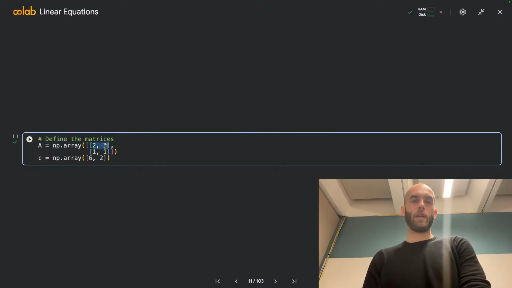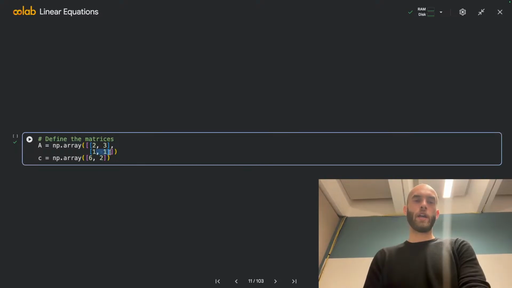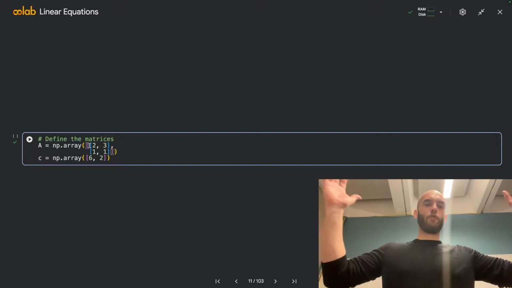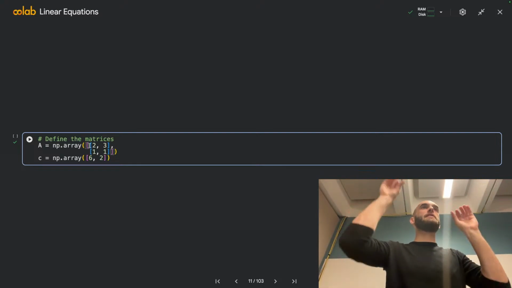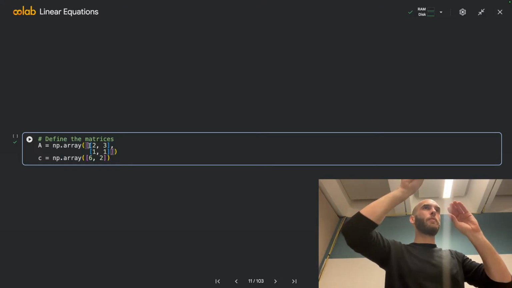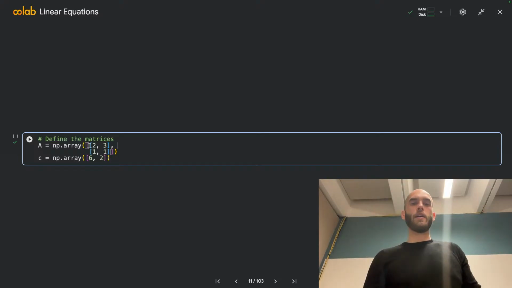The first row is 2 and 3 on the top, and then we have 1 and 1 as the second row. The way we write this out is we have big square brackets, and inside them, square brackets for the specific rows. So the first one and then the second one.